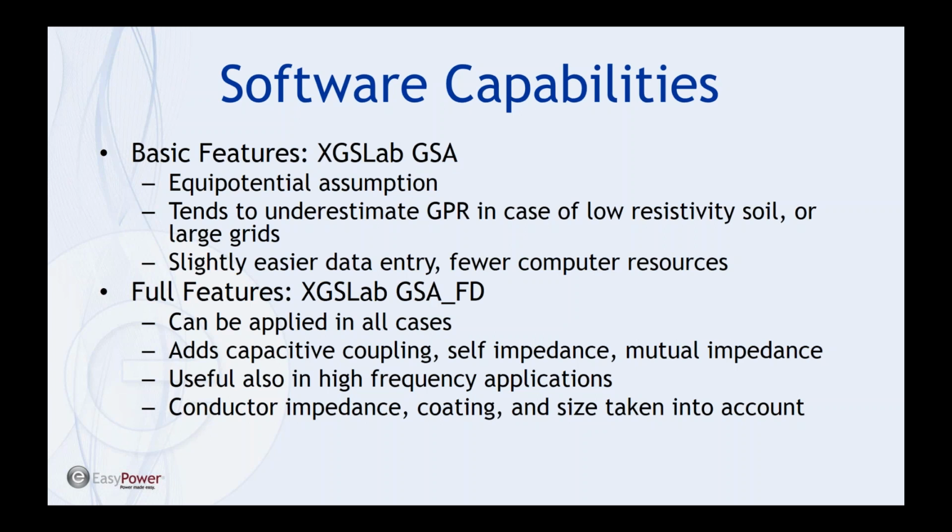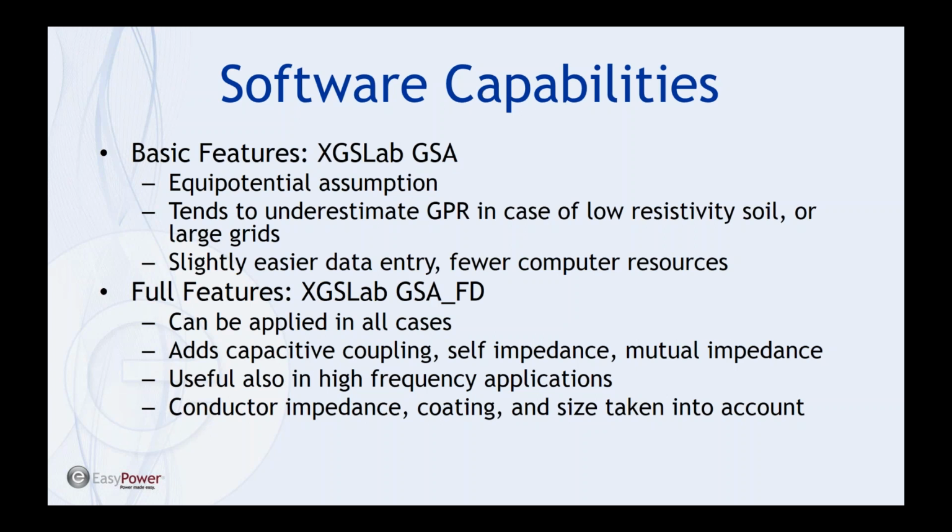Stepping into the next level, what we've termed as starting to be a fully featured software is what XGS Lab terms their GSA FD product. FD stands for frequency domain. This is, as I said, the beginning of the fully featured sort of thing. It's similar to the CDEGS MALZ or multi-ground Z module.